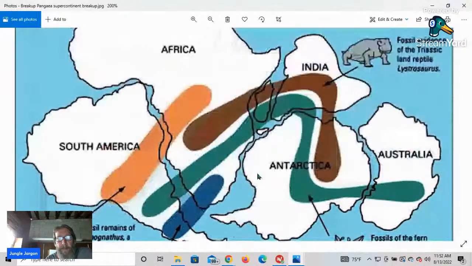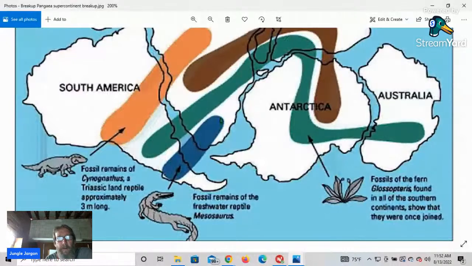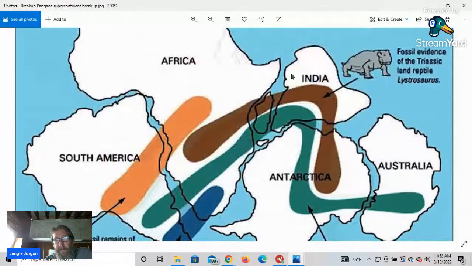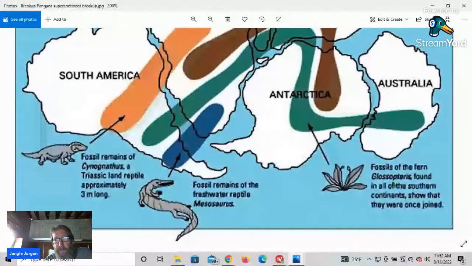Here's one map showing the connections, keeping in mind that the sediment layers line up too. Not only do the fossils line up between South America, Africa, India, Antarctica, and Australia, these are plant fossils here.